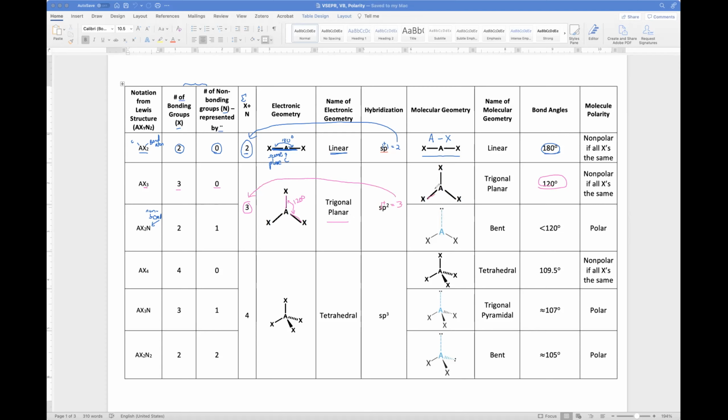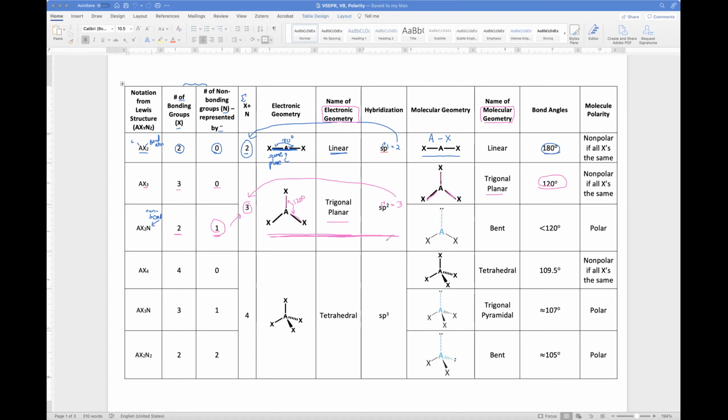Now, if all of the groups are bonding groups, as shown in this diagram, not only is the electron geometry trigonal planar, but so is the molecular geometry. But if one of your groups is a lone pair, again, 2 plus 1, that still equals 3. Your electron geometry is still going to be trigonal planar. Your hybridization is still going to be sp2.